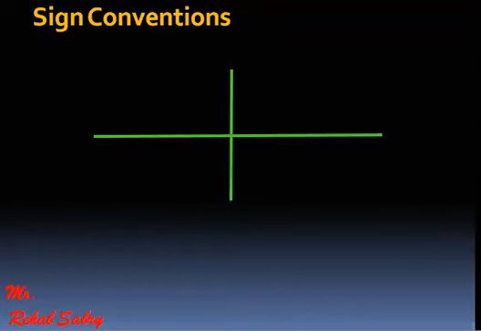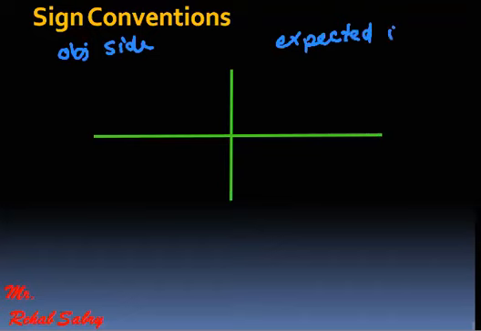So this is the object's side. This is the expected image side.